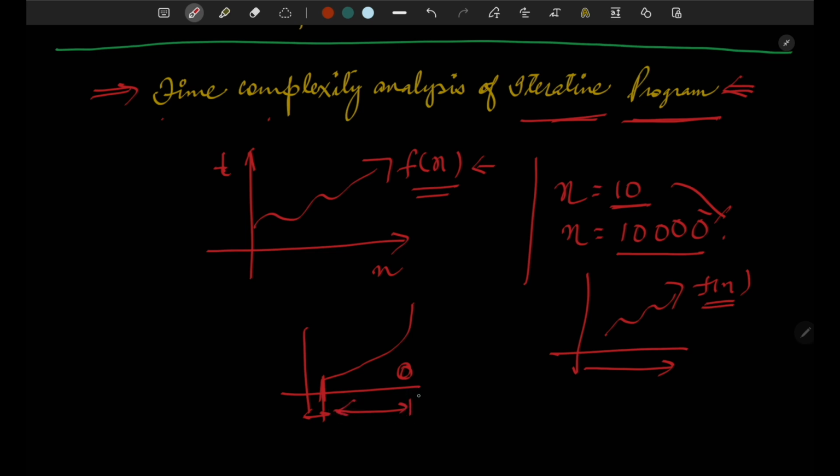Then for all the values which are greater than the known range, let's consider that as infinity. Whatever is the value of the function in the infinity range is called the asymptotic value. So let's say if the value is t, then this is the asymptotic value of the function f of n, right? And that is the reason we call these notations the asymptotic notations.